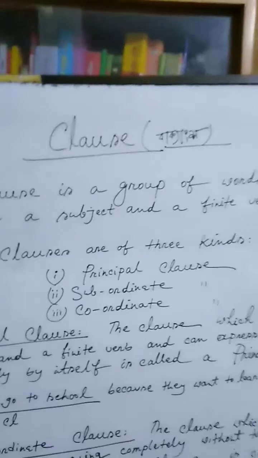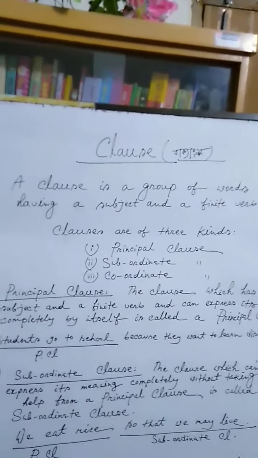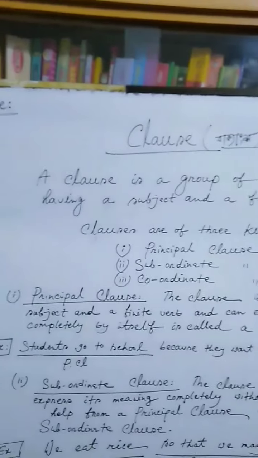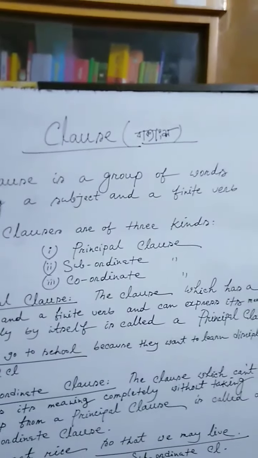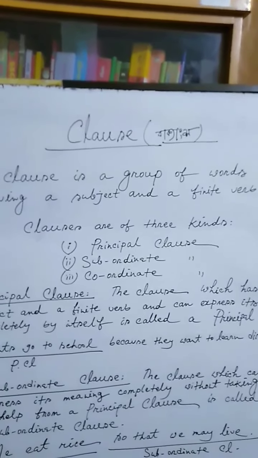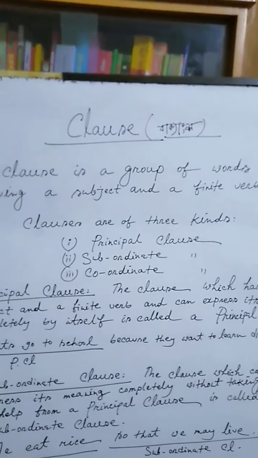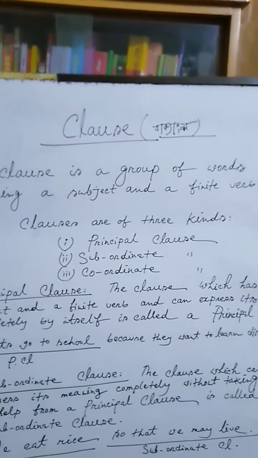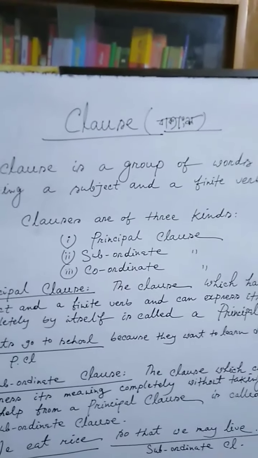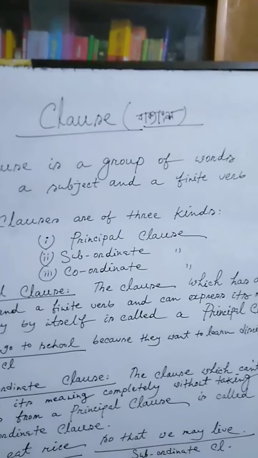My dear students, at first I have given the definition of clause. You can see on the board that a clause is a group of words having a subject and a finite verb. That means the part of a sentence which has a subject and finite verb is called a clause. A sentence can have many parts, and each part of a sentence is a clause if it has a subject and a finite verb.